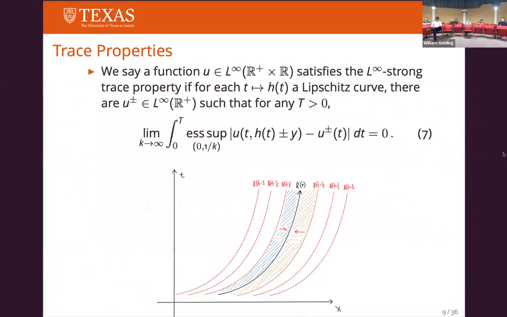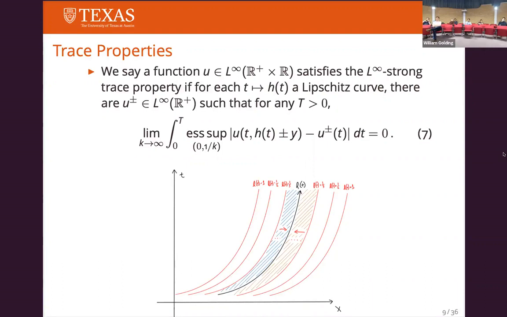Right. And so I want to introduce one more kind of idea before talking about BV uniqueness, which is trace properties. So if I have a solution that's defined globally in time and space, I want to be able to say, okay, if I pick a curve, say h of t here, I want to have boundary values. I want to be able to evaluate my globally defined function on this curve.